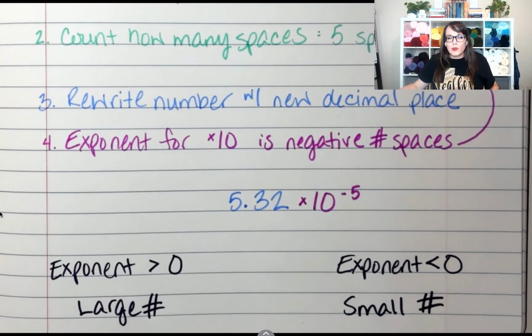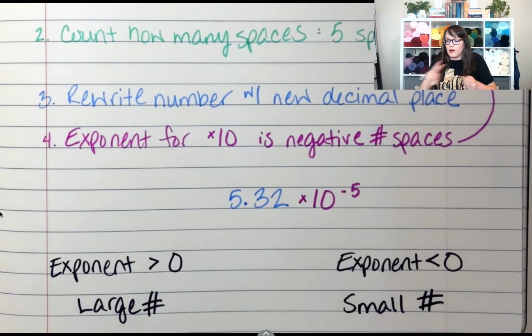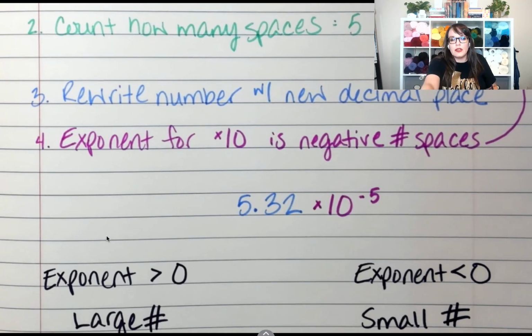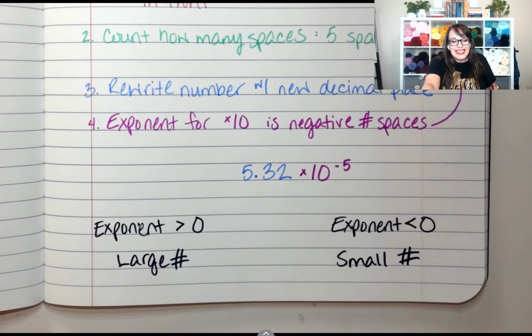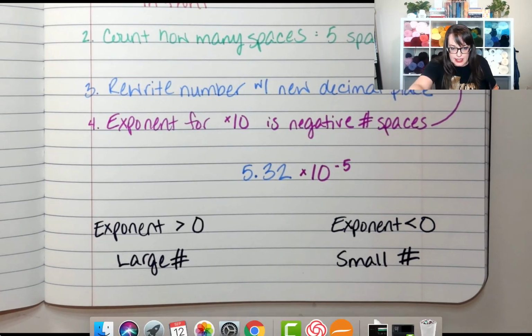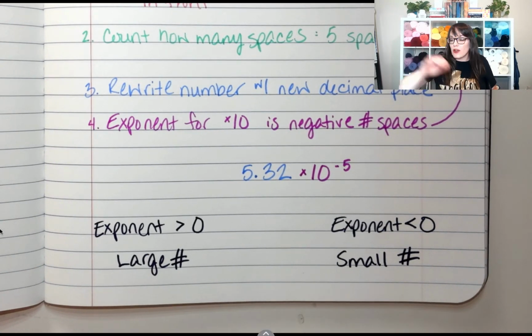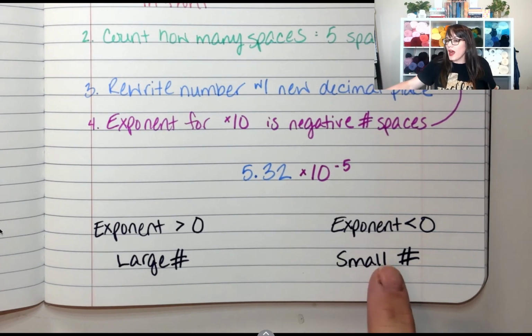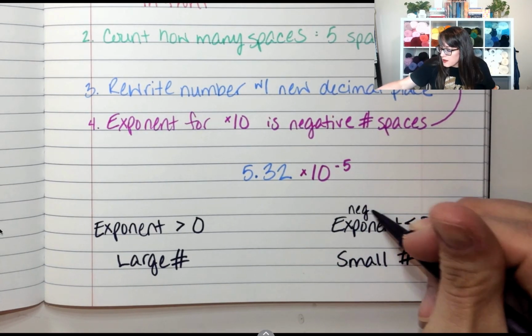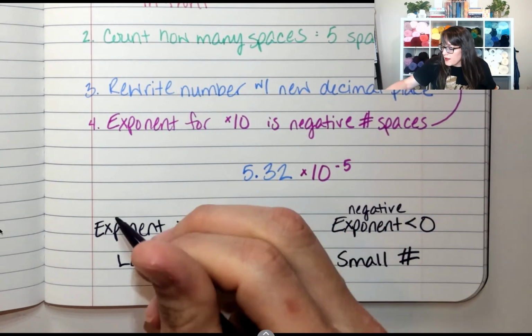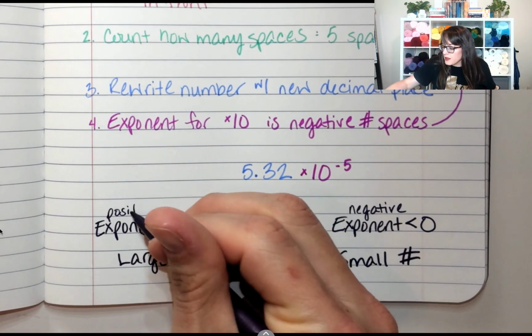Like to represent the size of an atom or the distance between electrons in an atom. Like things that are teeny, teeny, tiny. How big the COVID virus is. That is represented in scientific notation with a negative exponent. So this is negative exponent. And this is a positive exponent.